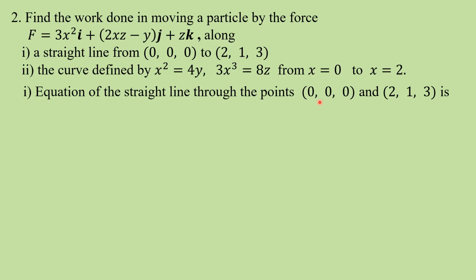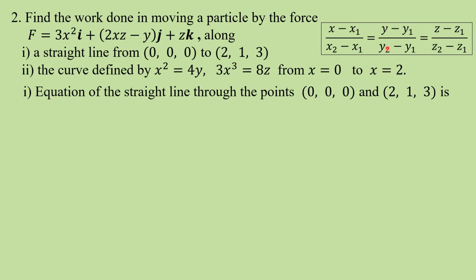So by using the two-point form, we can write (x minus x1) by (x2 minus x1) equal to (y minus y1) by (y2 minus y1) equal to (z minus z1) by (z2 minus z1), the equation of the straight line passing through the points (x1, y1, z1) and (x2, y2, z2). By substituting, we get (x minus 0) by (2 minus 0), that is x by 2, equal to (y minus 0) by (1 minus 0), that is y by 1, equal to (z minus 0) by (3 minus 0), that is z by 3.